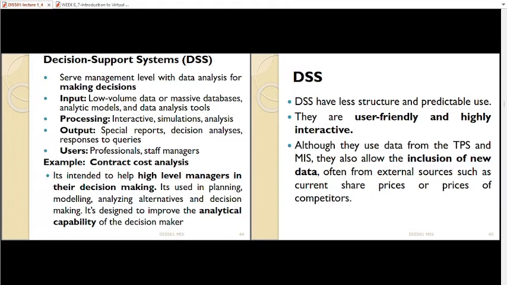In most cases, people at managerial levels do not have a lot of technical skills to interact with computers like gurus. So we find that the systems used by heads of sections or the CEOs are built to be user friendly and highly interactive.